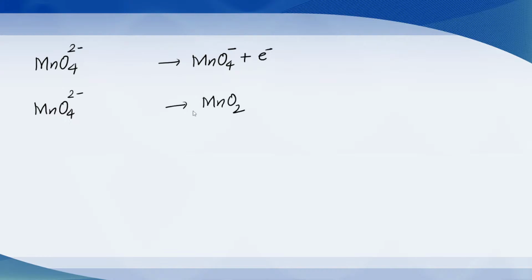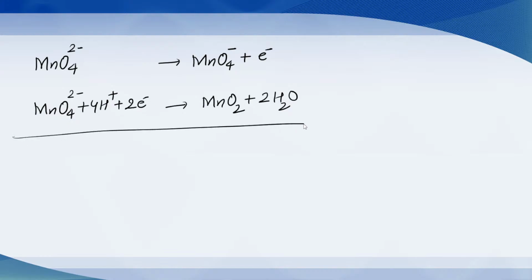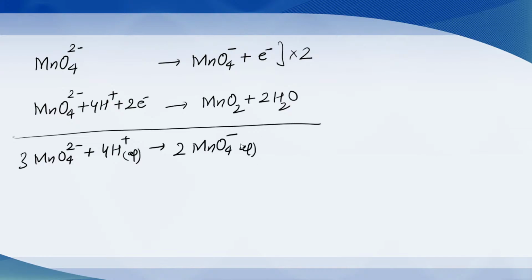In the second case, manganese is 1, 4 oxygens to 2 oxygens, so we add 2H2O on the side deficient of oxygen, 4H plus on the opposite side, and plus 2 electrons. Just multiply by 2 so that electrons are cancelled. So total 3 MnO4 2 negative plus 4H plus aqueous to give 2 MnO4 1 negative aqueous plus MnO2 solid plus 2H2O liquid.